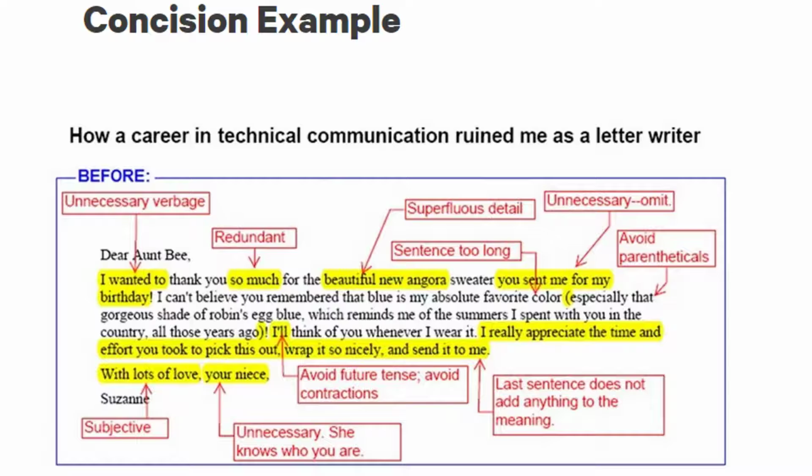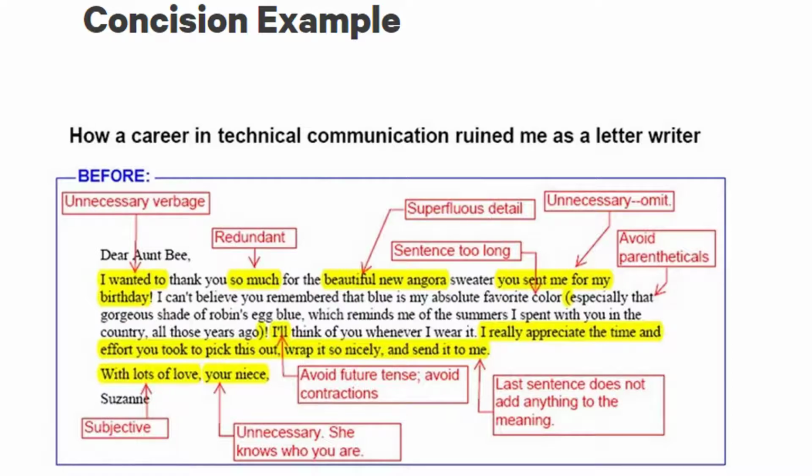I can't believe you remembered that blue is my absolute favorite color, especially that gorgeous shade of robin's egg blue, which reminds me of the summers I spent with you in the country all those years ago. I'll think of you whenever I wear it. I really appreciate the time and effort you took to pick this out, wrap it so nicely and send it to me. With lots of love, your niece, Suzanne.